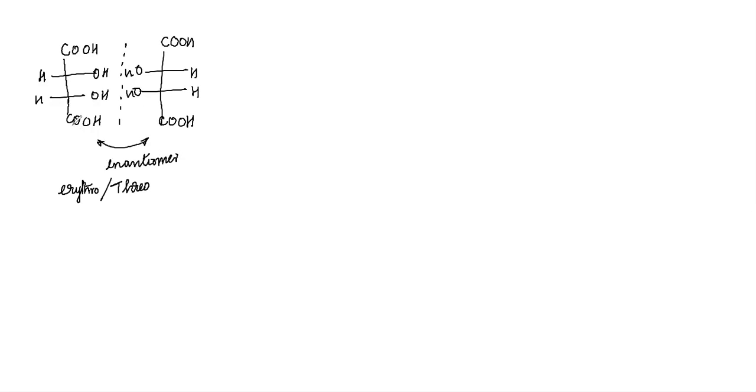You take the first two asymmetric carbons, this and this, and see whether the substituents are on the same side or opposite side. So here the OH group is on the same side, for the first two carbons only. Here you will have only two carbons which are asymmetric. So here it is on the same side, it is called erythro. This is also erythro.